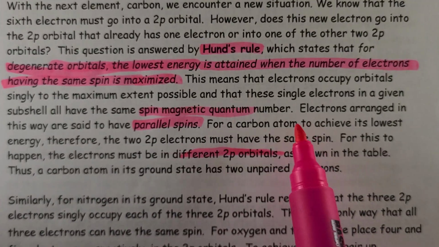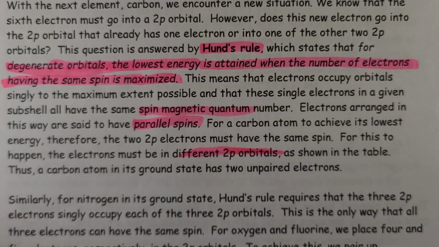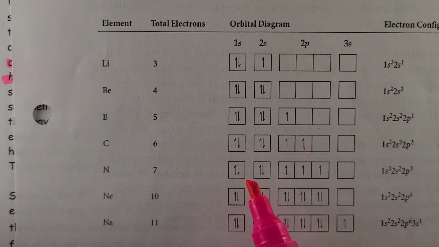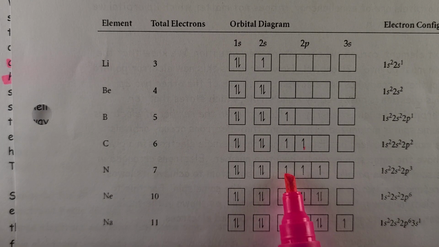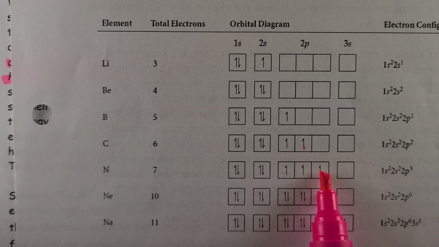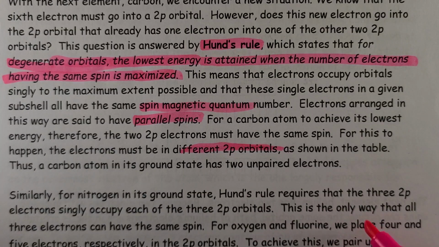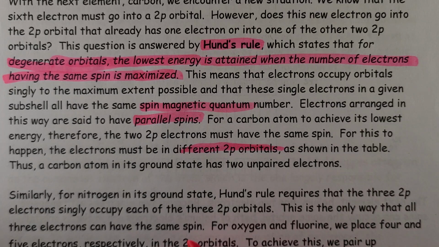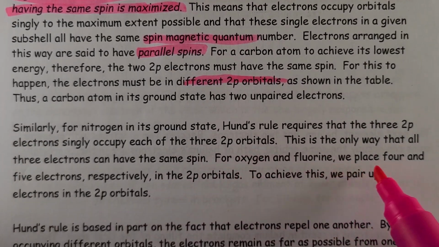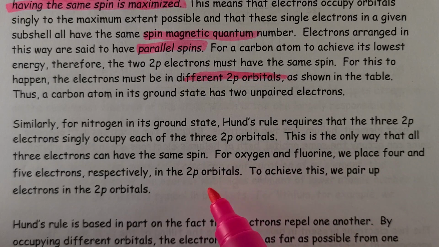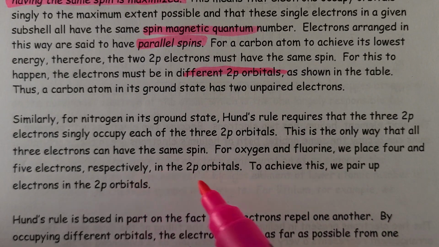Similarly, nitrogen has one more added, and if we take a look here, 1, 2, 3, so 1 in each of the 2p orbitals. This is the only way that all 3 electrons have the same spin. For oxygen and fluorine, we place 4 and 5 electrons, and then we begin to pair them up.